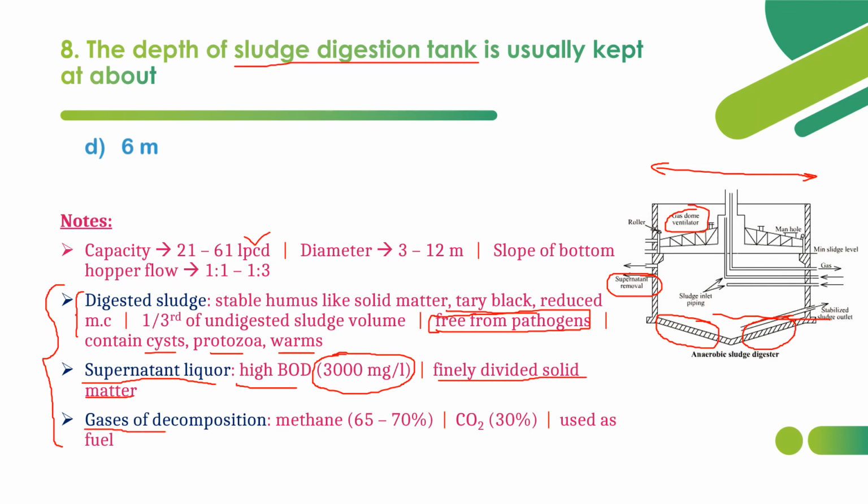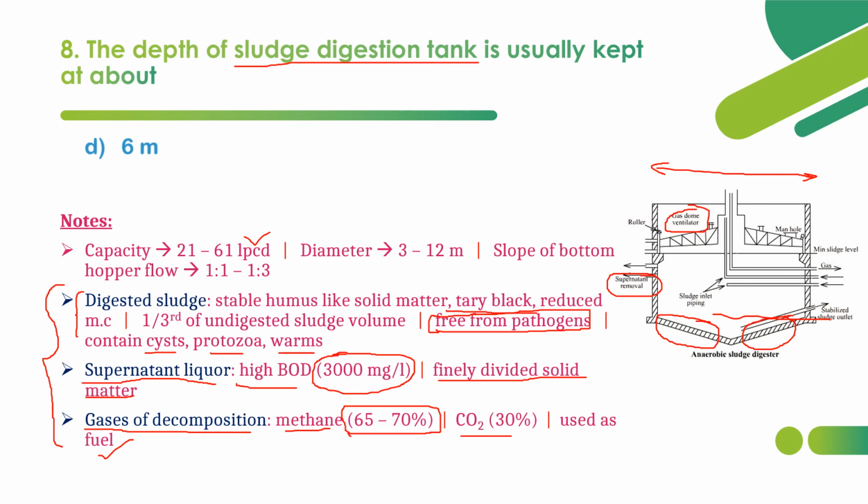And there is another thing called gases of decomposition. Mainly methane will be there, and CO2 will also be there. You can use methane as a fuel, so that's why gases of decomposition are useful. So these three fractions of sludge digestion are digested sludge, supernatant liquor, and gases of decomposition.